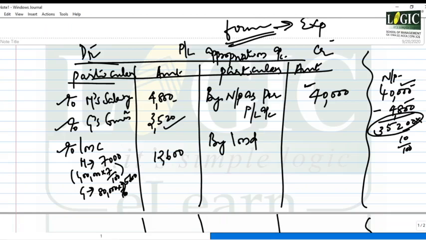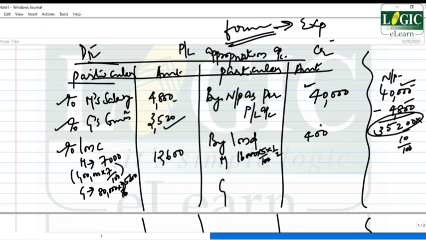So by interest on drawings, how much? Manish has withdrawn 16,000. So upon 16,000, 5% for half the year, because you will have to hypothesize that this is withdrawn during the mid of the year. So 800 by 2 is 400.